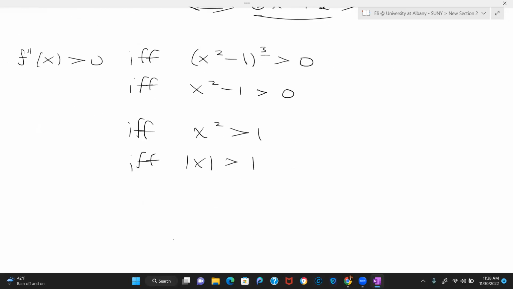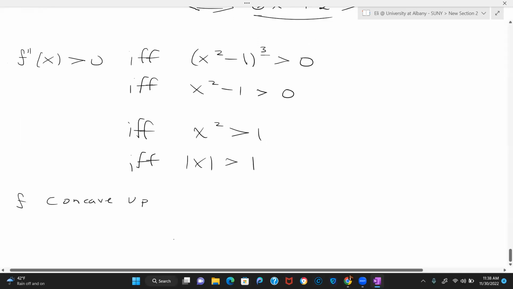And so this means that f is concave up. I always forget this myself. I think it's concave up. Let me see. Pretty certain it's concave up.